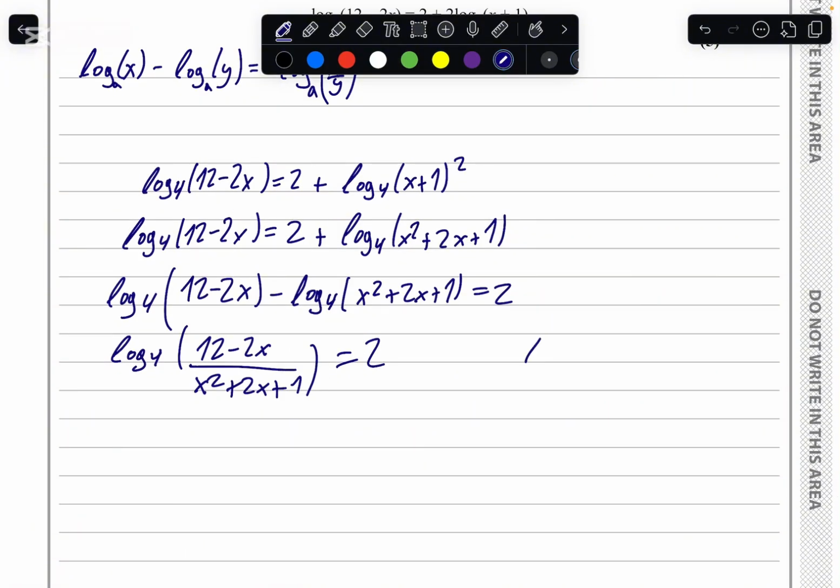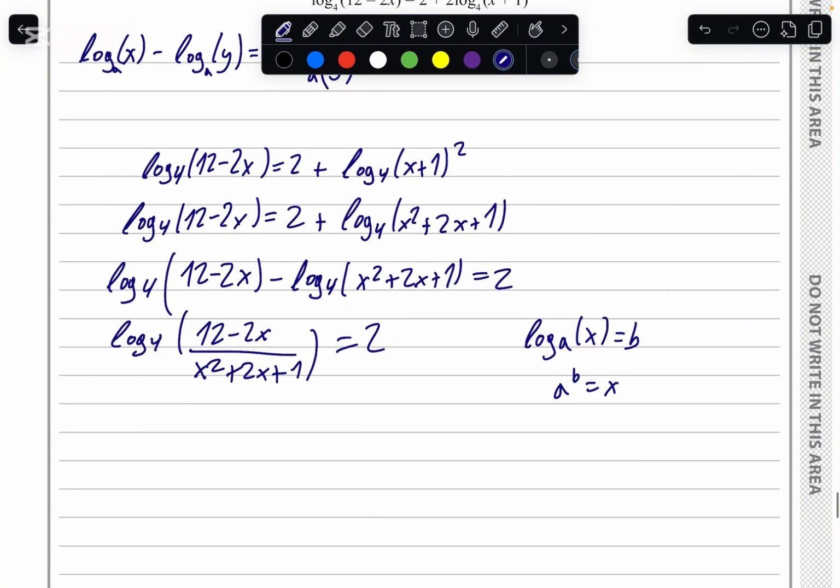Another law of the logarithm that we can use is that log of a base x is equal to b, so a to the power of b equals x. Using that, we can say that 4 to the power of 2 is equal to 12 minus 2x over x squared plus 2x plus 1.